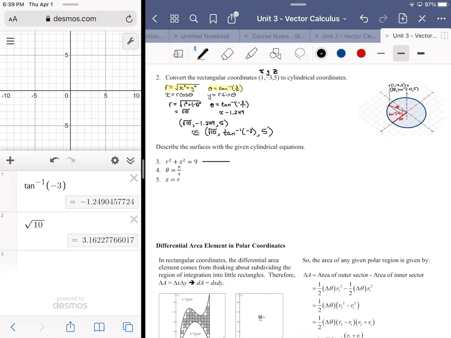That's actually a nice easy one, because if you recognize that r squared is the same as x squared plus y squared, you already have x squared plus y squared plus z squared is equal to 9. This is the equation of a sphere with radius of 3 and center at the origin.